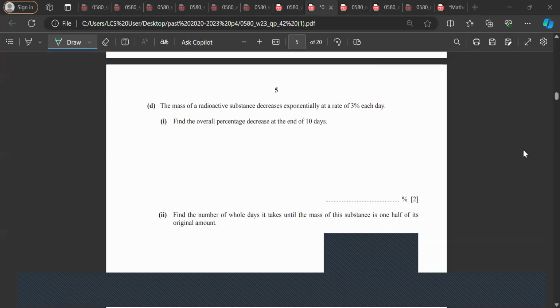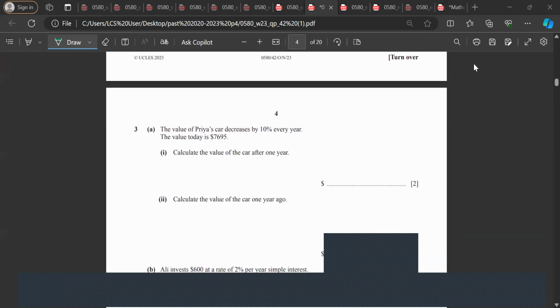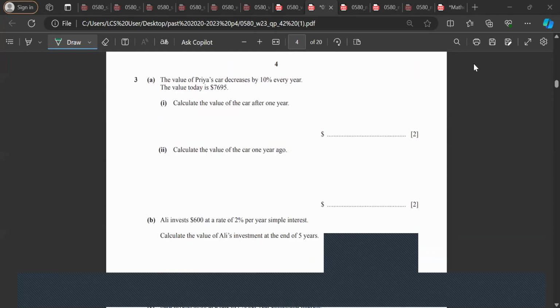Okay, now, what about this one? You see here, he's giving a part of this question, but the beginning of the part is very easy. It is exponential decay. This is the percentage. You will find the 10% of this number.